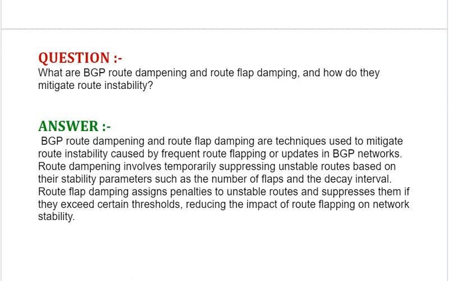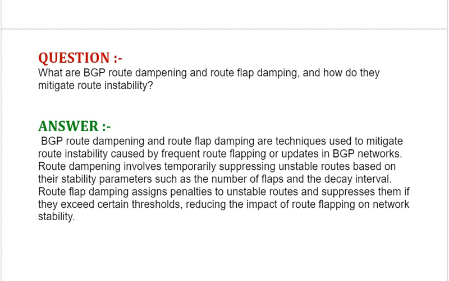Our next interview question is: what are BGP route dampening and route flap damping, and how do they mitigate route instability? Your answer should be: BGP route dampening and route flap damping are techniques used to mitigate route instability caused by frequent route flapping or updates in BGP networks.